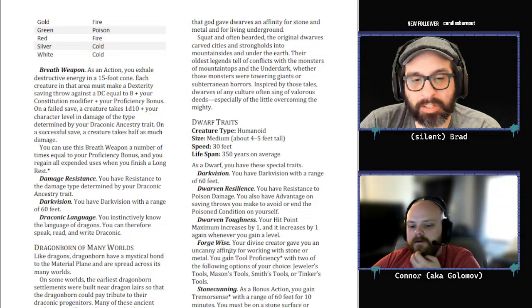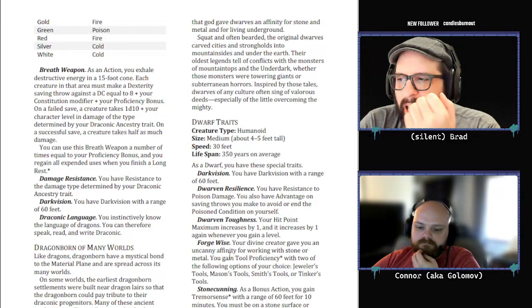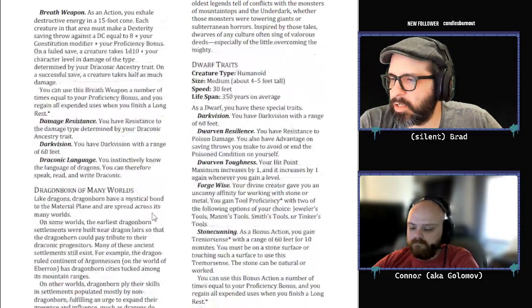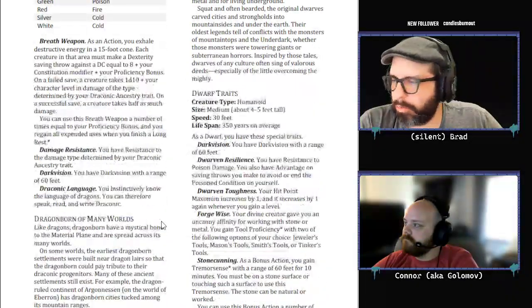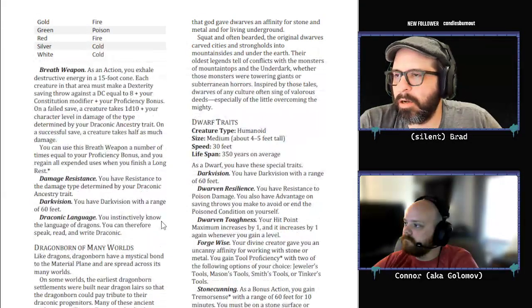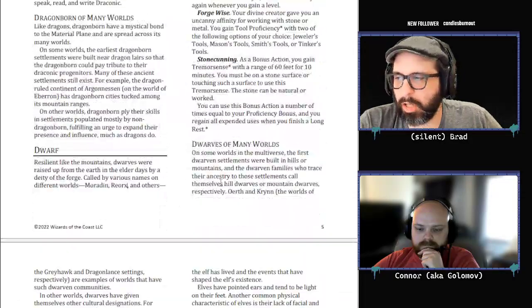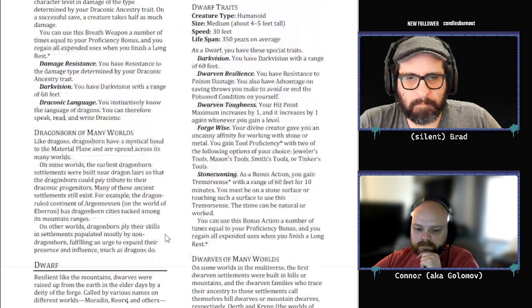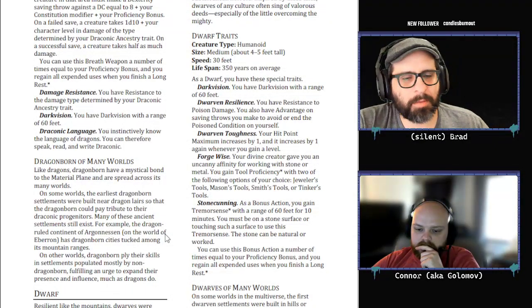It's a playtest document, so it's not going to have the entire page count. And here for dwarves, there are two paragraphs about dwarves in general, and then another two about multiverse dwarves. There's loads of lore here, even in this playtest document.